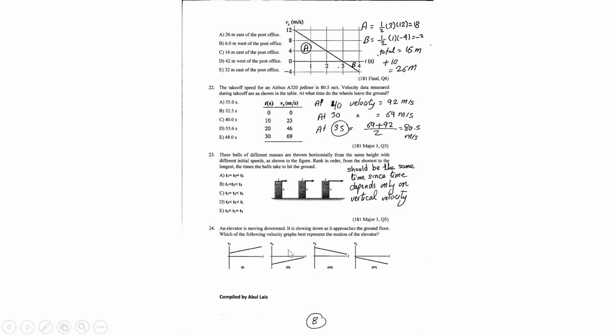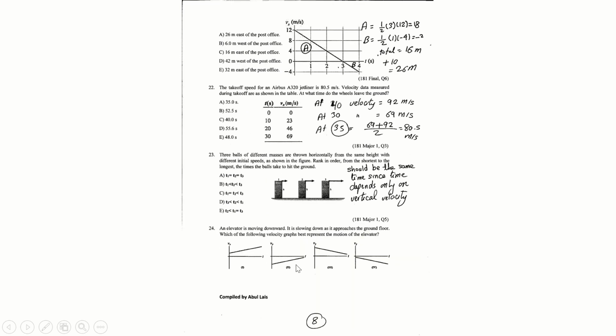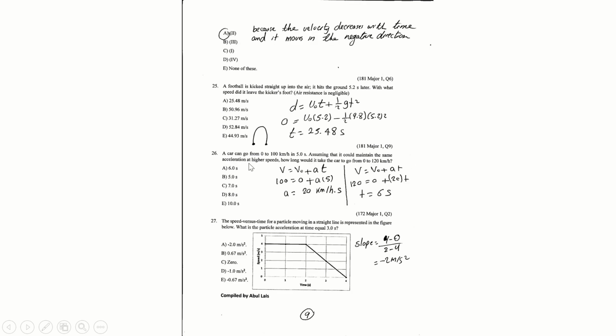So the correct answer here is A, which means that the graph that represents the motion of the elevator is graph number 2.